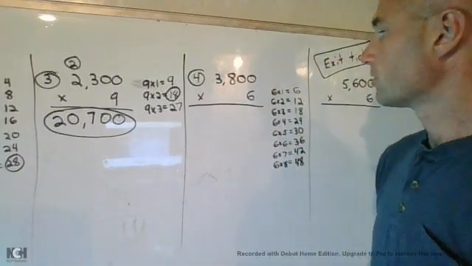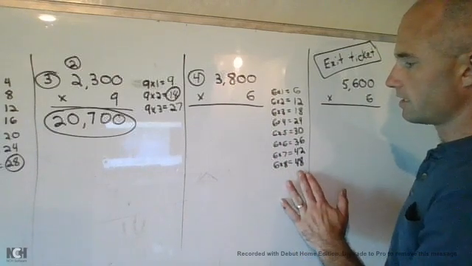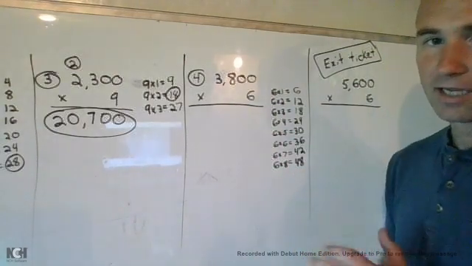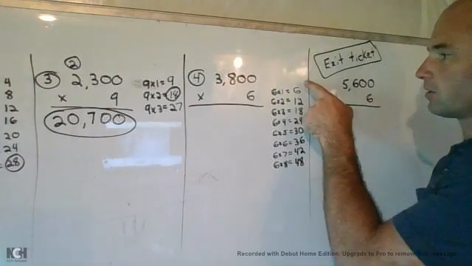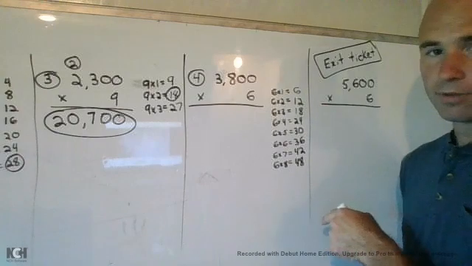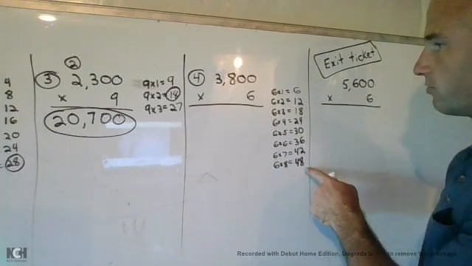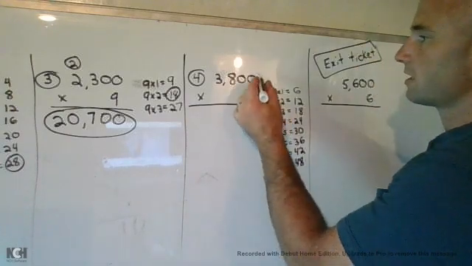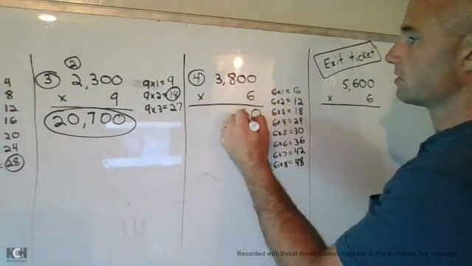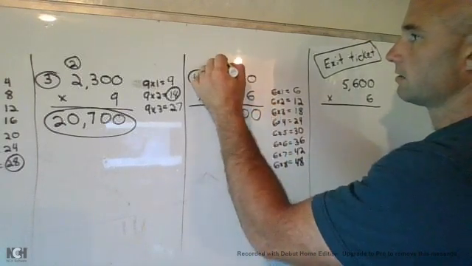All right, so I've done my factors all the way up to 6 times 8 and got 48 as the highest factor I need to get. So take a look, make sure your numbers here match up with my numbers: 6, 12, 18, 24, 30, 36, 42, 48. All right, and then let's go ahead and solve. 6 times 0 equals 0, 6 times 0 equals 0, 6 times 8 equals 48.